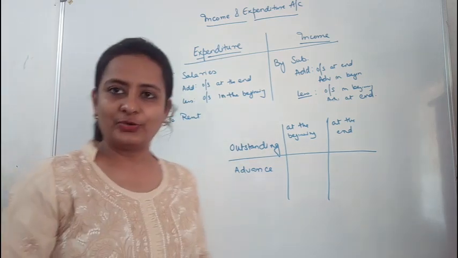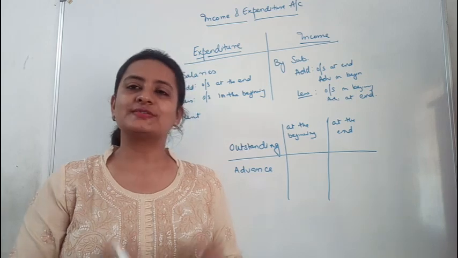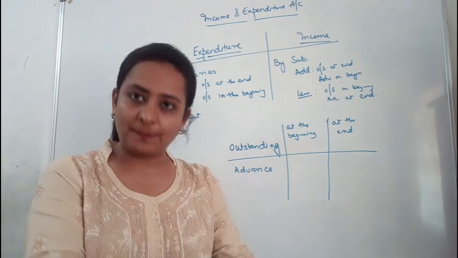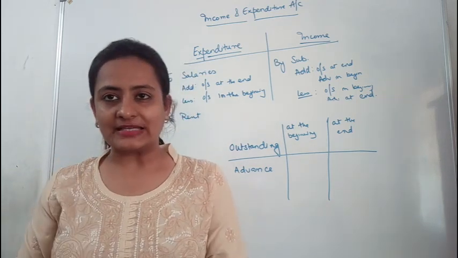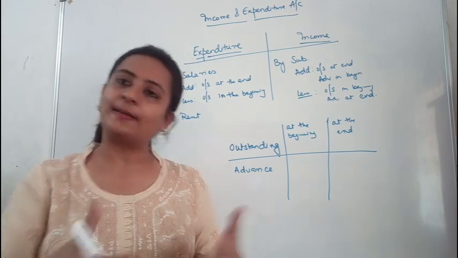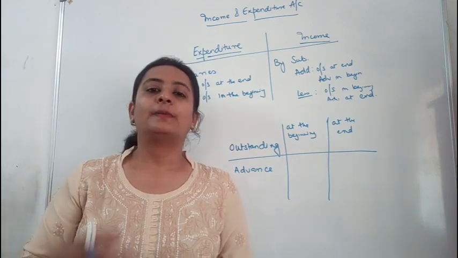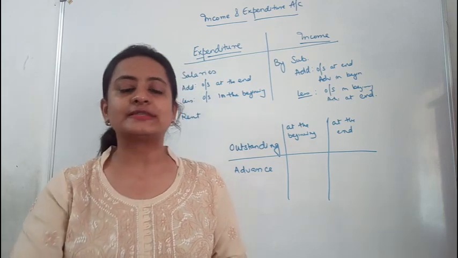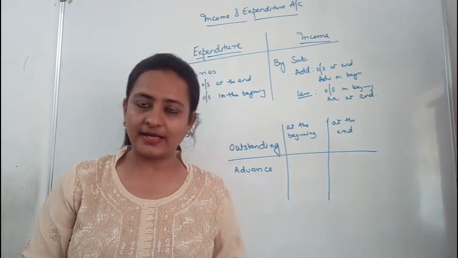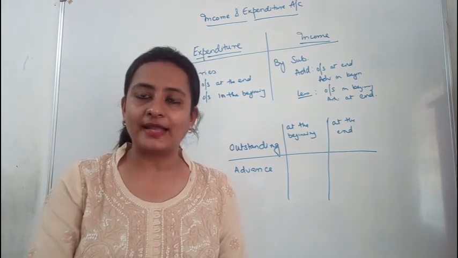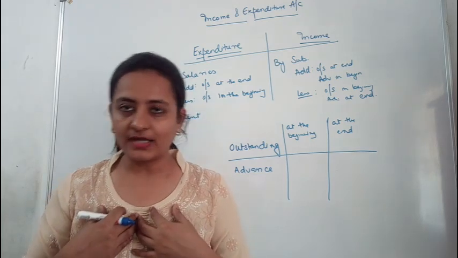Outstanding, as all of you know, is the amount which is pending and which we need to pay or which we need to receive. It's still not done. It's pending. For example, my teaching staff has still not received the salary of the previous month, right? So it's an outstanding salary for my books. Correct?